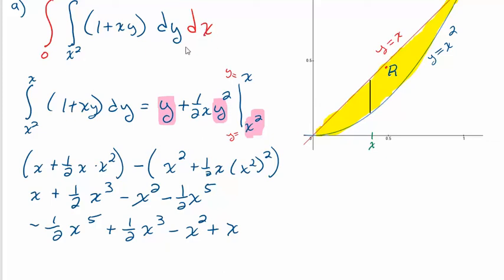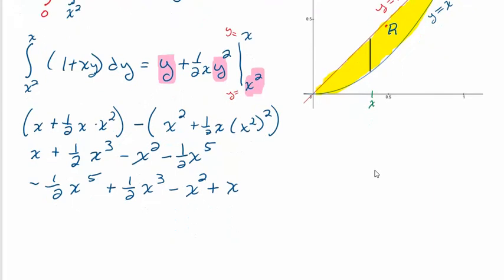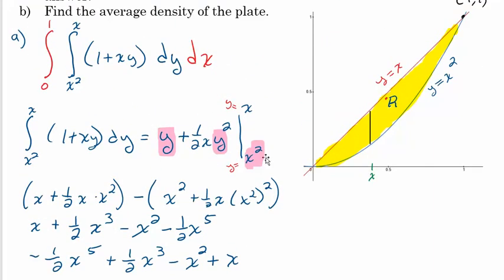That's what this outside integral is going to do for me. I'm going to let my slices go from 0 to 1. So now it's adding up this slice with a thickness of dx, this slice with a thickness of dx, all the volumes of these little slices.